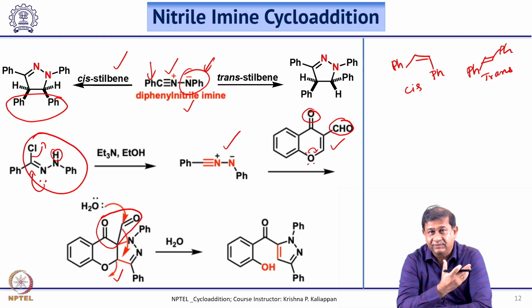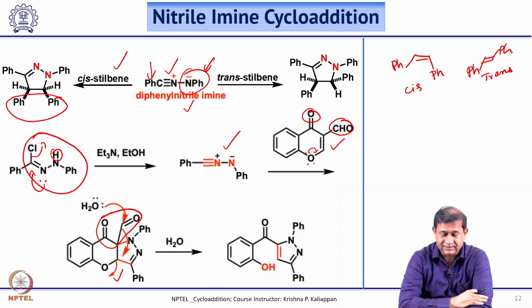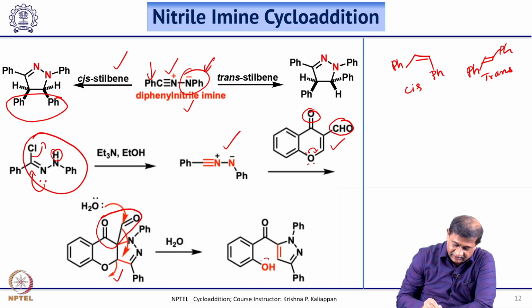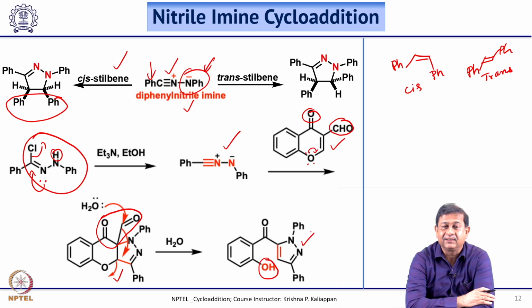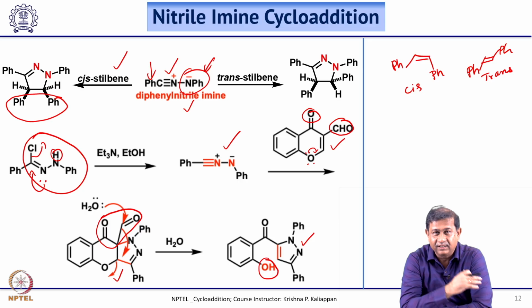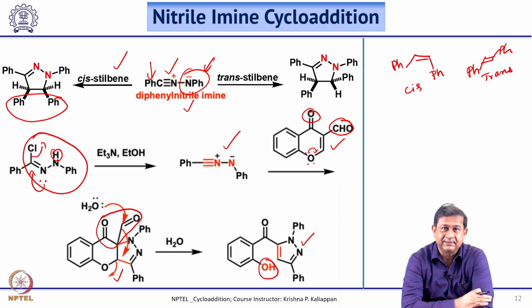Here in this case, even water is sufficient, so water can act as a nucleophile, and when it does that, you can see the driving force is the formation of phenol as well as this aromatic ring. So these are the two driving forces by which the aldehyde is easily eliminated in the reaction mixture.